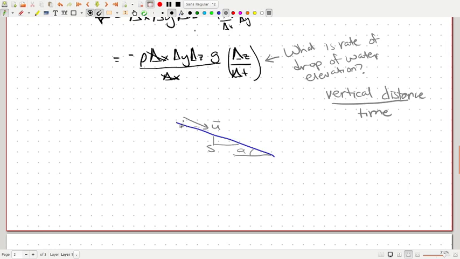This one here I'm going to call u bar sub vert, so that's going to be the u bar in the vertical direction. We can also just call that u bar of z. That's going to be a little bit easier to remember. All right, great. So u bar of z.